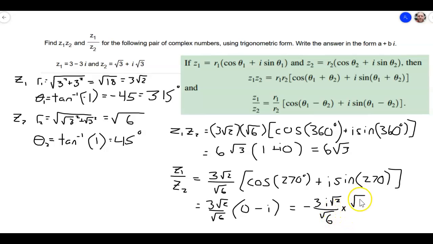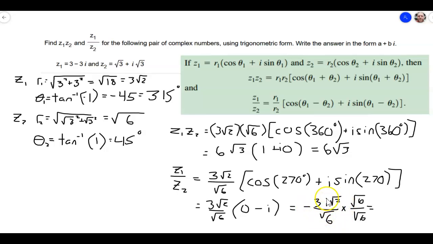So times the square root of 6 to get that square root of 6 out of the denominator. I'm going to let you go ahead and clean that up, but you're going to end up having to reduce the top and the bottom a little bit more.